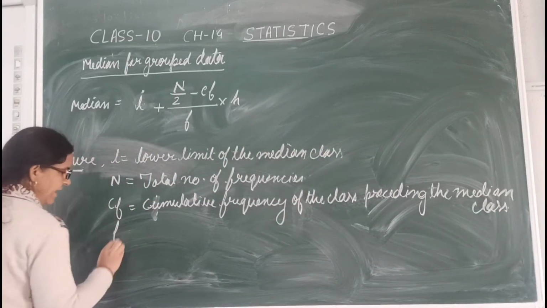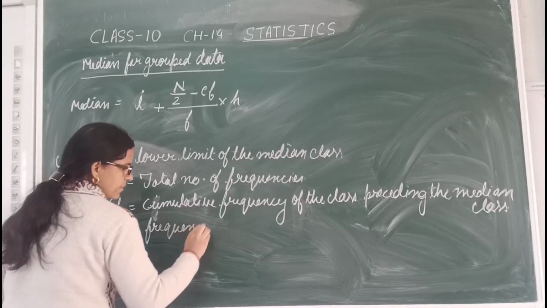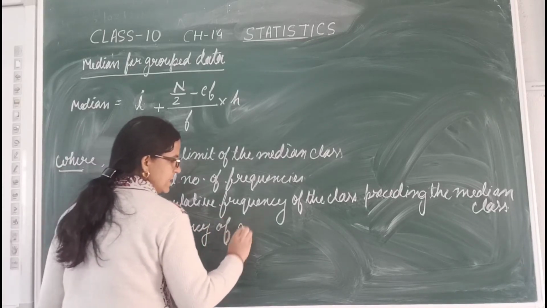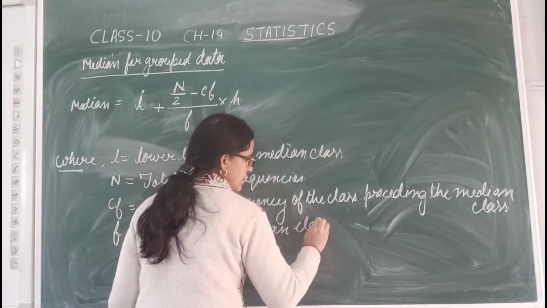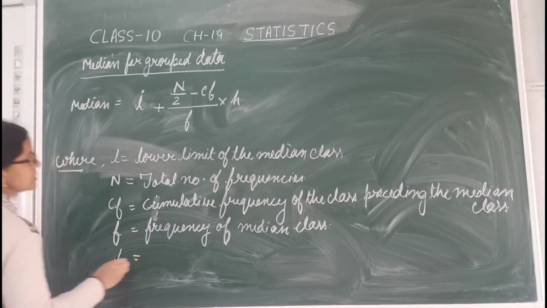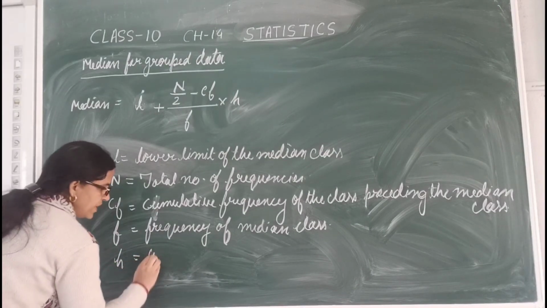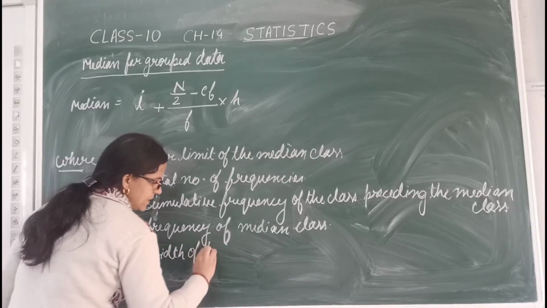F equals the frequency of the median class, and H equals the width or the size of the median class.